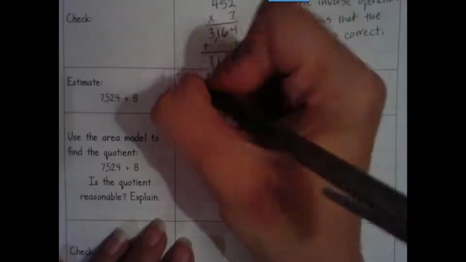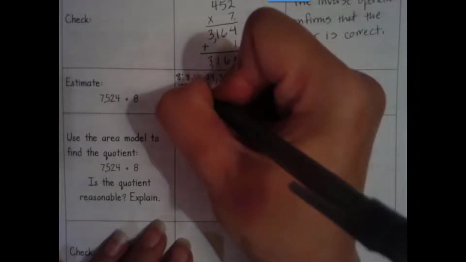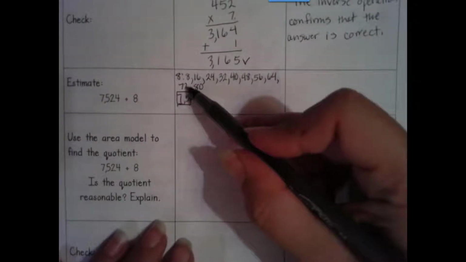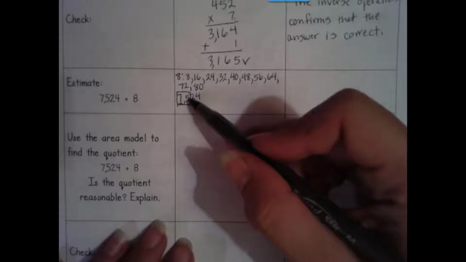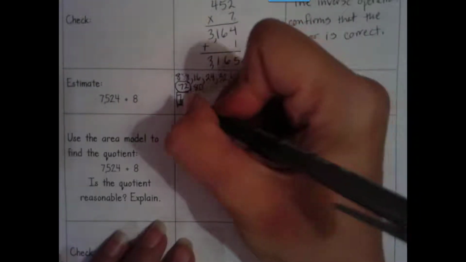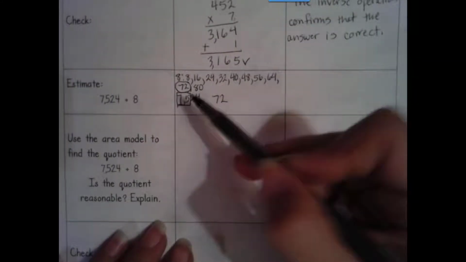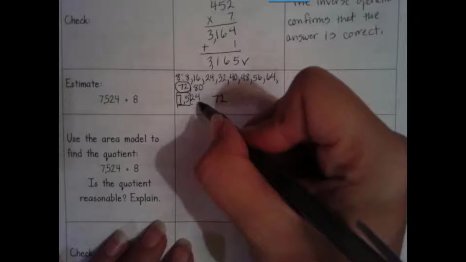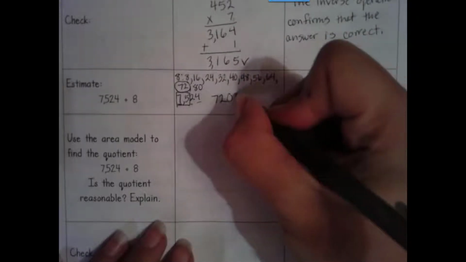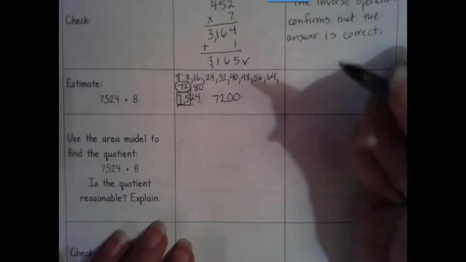After 64, we have 72, and then 80. Well, 72 is only 3 away, so that one is definitely closer. So I'm going to replace 75 with 72. That's our compatible number. And then I have 2 places after, so I need 2 placeholders for those.